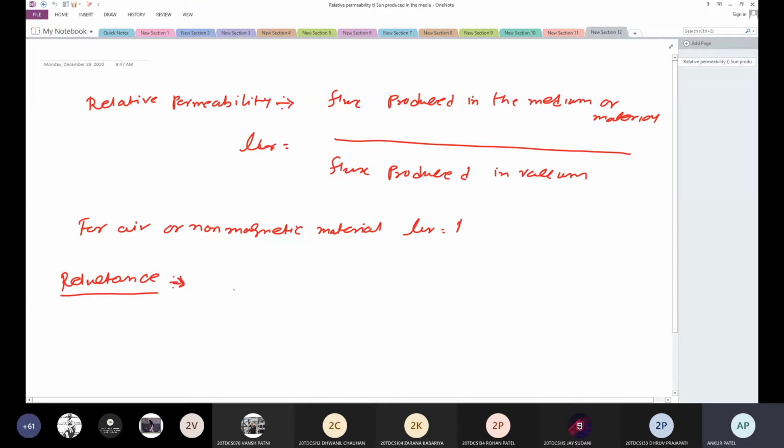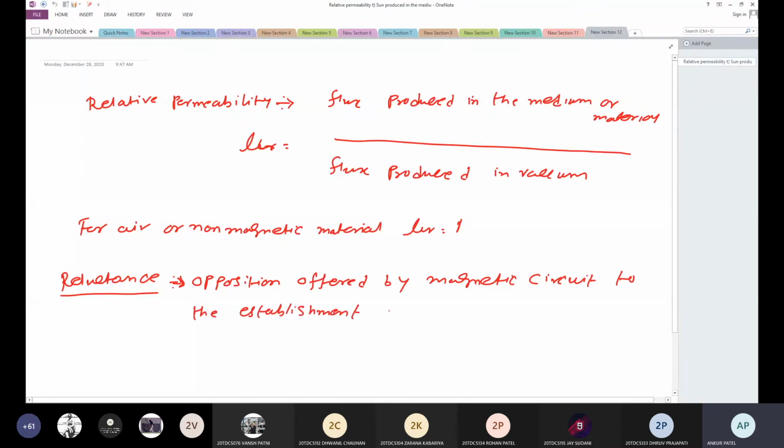It is the opposition offered by the magnetic circuit to the establishment of the magnetic flux. So that is called the reluctance.